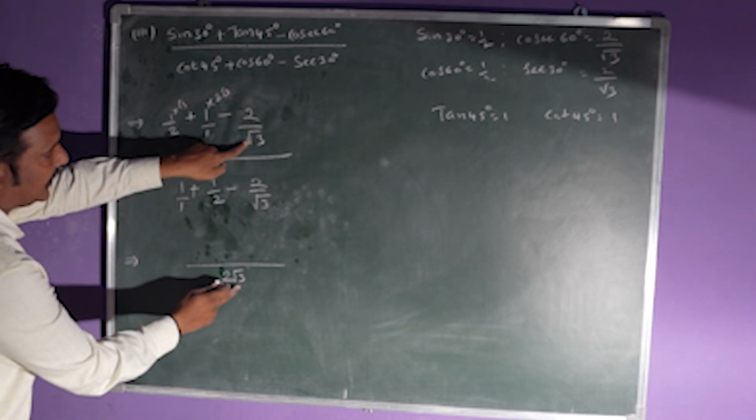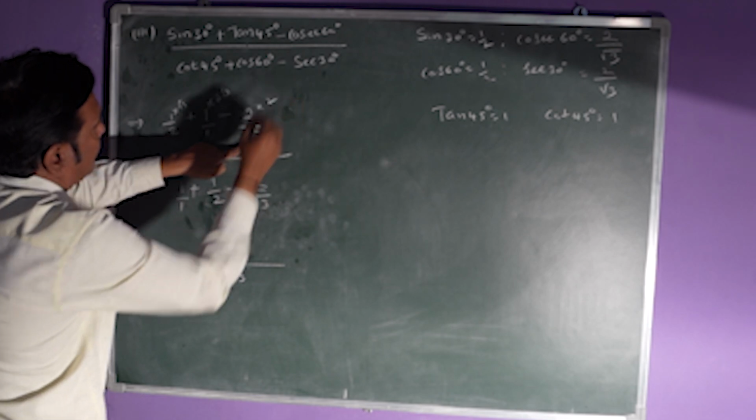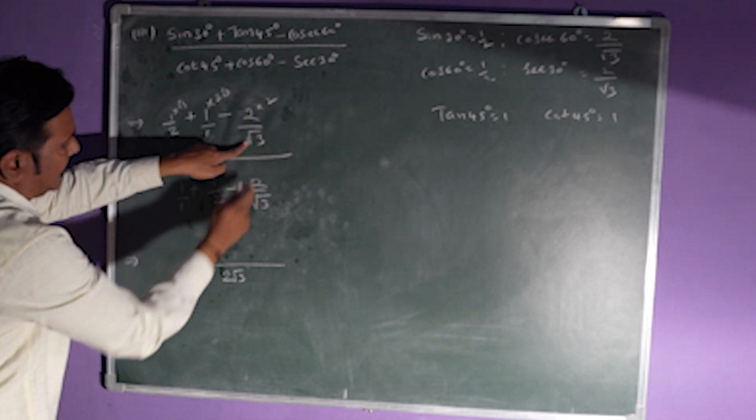Where root 3 is there, multiplying by 2 gives 2 root 3.